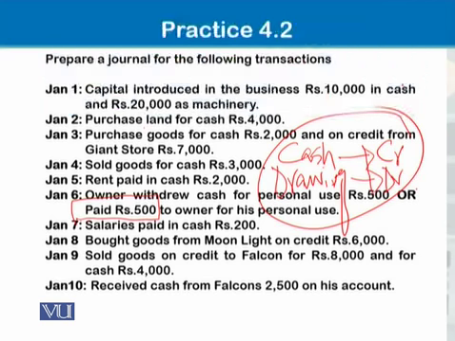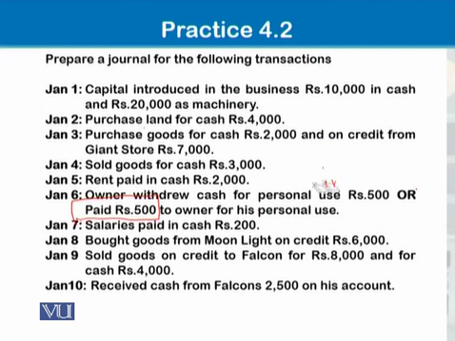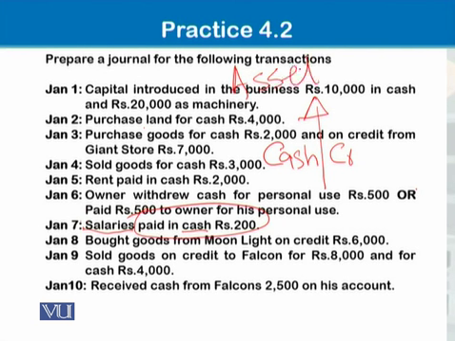Now I will repeat this shortcut method for the next transaction, which is salaries paid in cash. Be confident that cash is credit. Why? Because we are paying cash. What have we skipped? We have skipped that cash is an asset and belongs to the debit group, and that there is a decrease in asset because of this transaction.